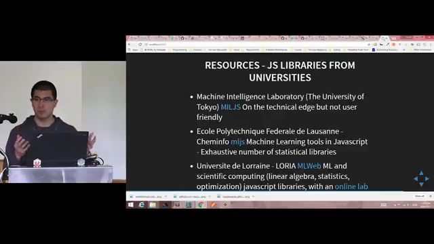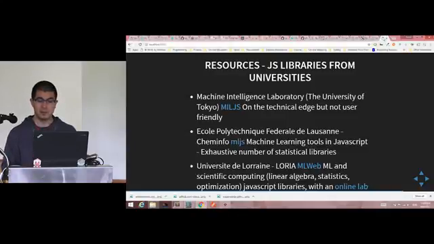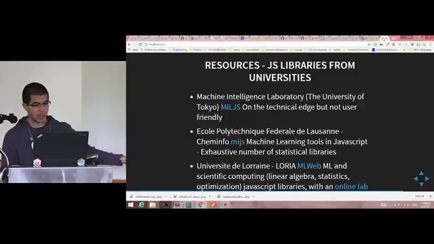You have one Swiss university, and the other two universities are maybe less known or less marketed in a way. I learned just by chance that they existed, and they have actually quite a few libraries on NPM or on GitHub. The last one actually doesn't have an NPM, but it does have a GitHub.